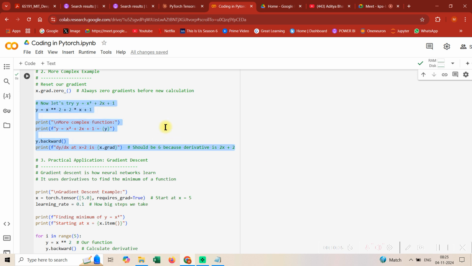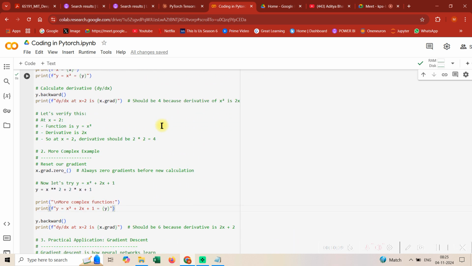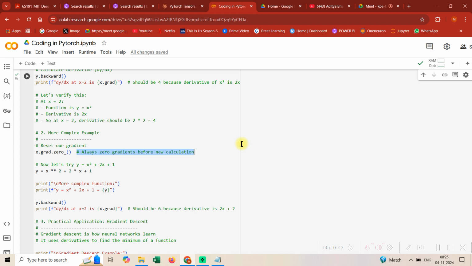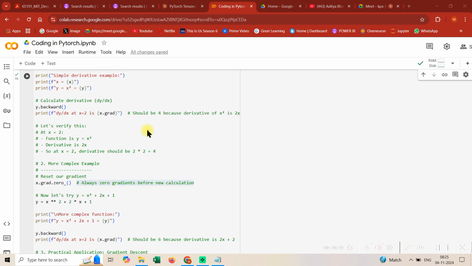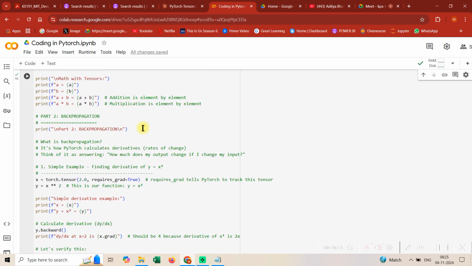So guys, I hope you're able to understand it, because these types of things are very basic, and you need to understand them. Just try to remember that you need to always zero gradients before a new calculation. In this lecture, essentially what you have learned is how to make tensors, where dot tensor is important.